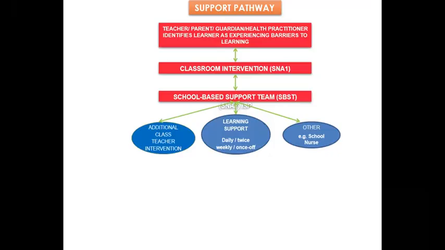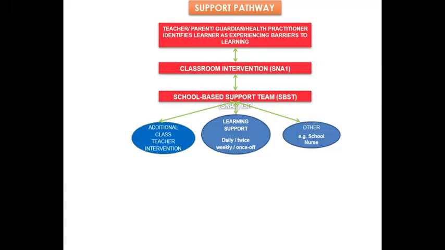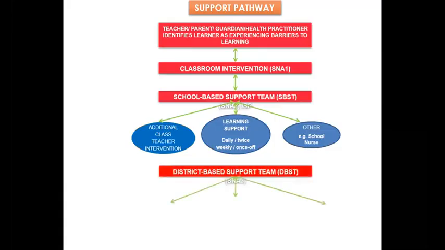Additional class teacher intervention. But perhaps everything's already been tried in the class, so we might want to refer for extra learning support, or perhaps refer to the Department of Health, for example, a school nurse. Perhaps the learner has visual problems or hearing problems, so we'd like that tested.